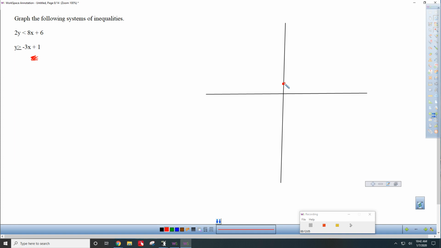The y-intercept is 1 and the slope is -3. It's greater than or equal to, so this is going to be a filled in line. And it's above it because of the greater than.